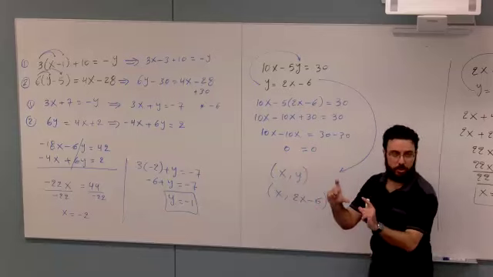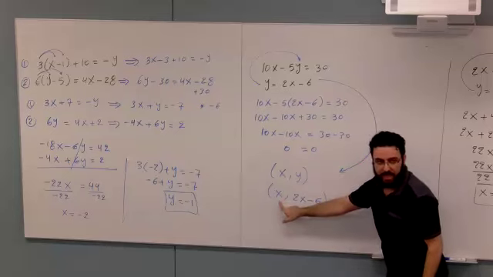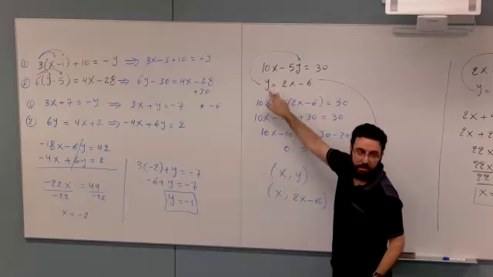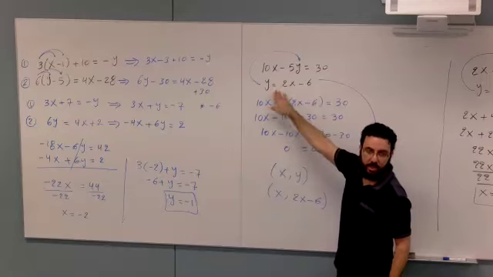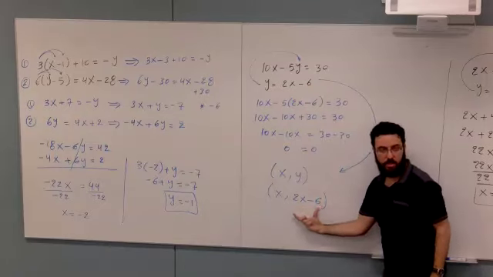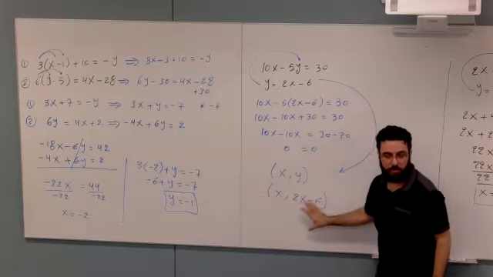How are you going to write the solution? Write down the value of X, take one of the equations and solve it for Y. It's already solved for Y, so write the right side down here. So this is our solution. Is that okay?